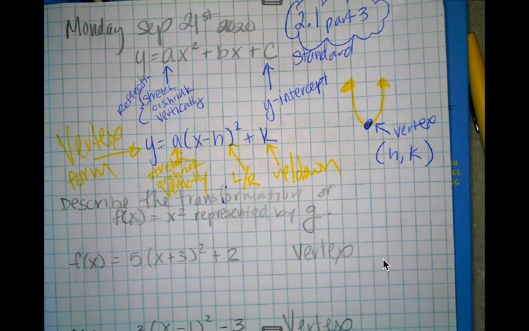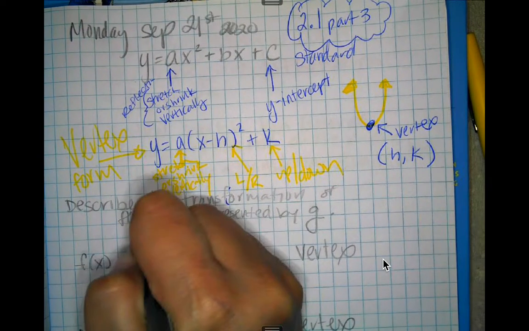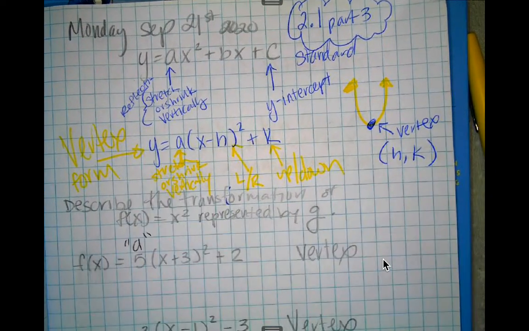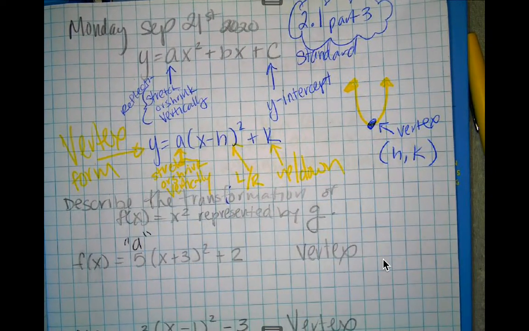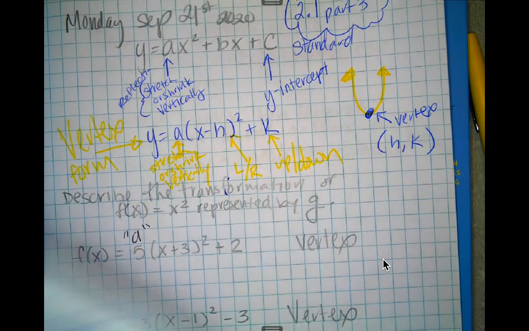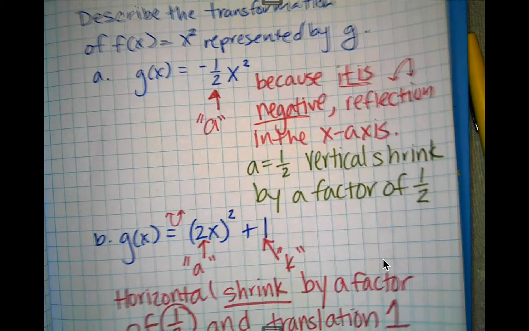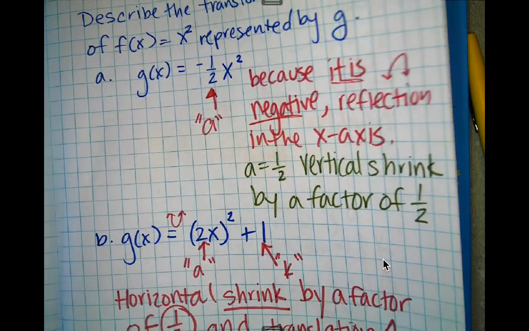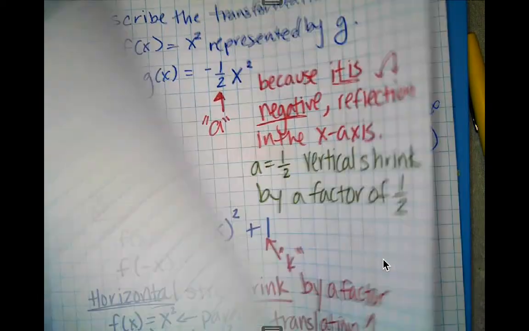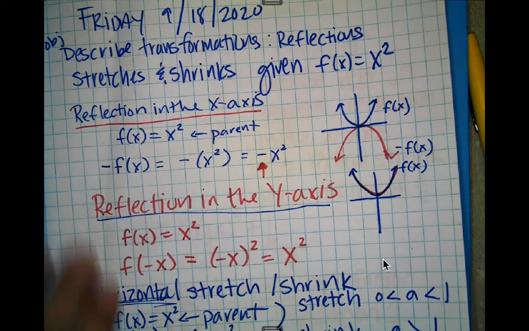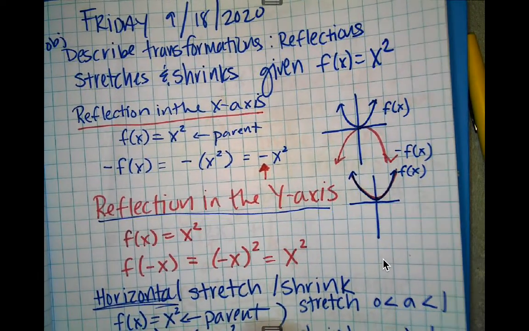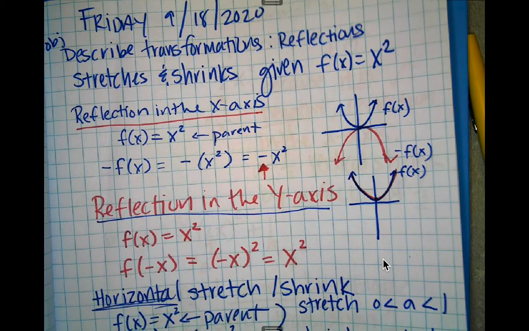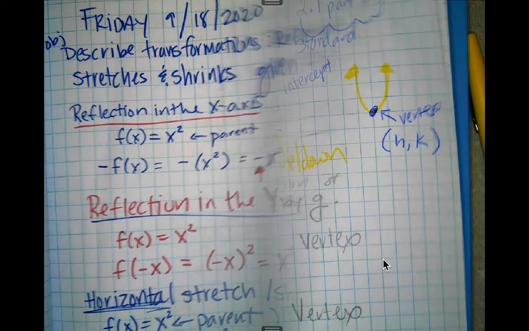This 5 is A, and A is a vertical stretch or shrink. What I should see you doing if you were in class is looking back at your notes: there's something about horizontal and vertical, here we go, A times.